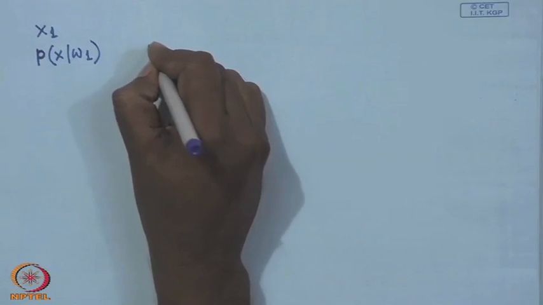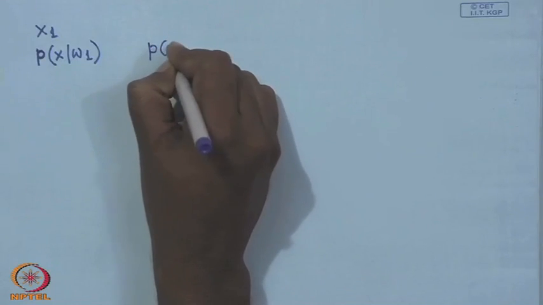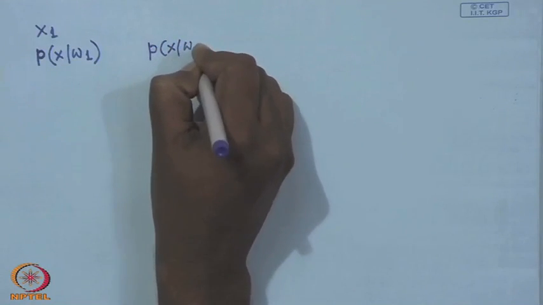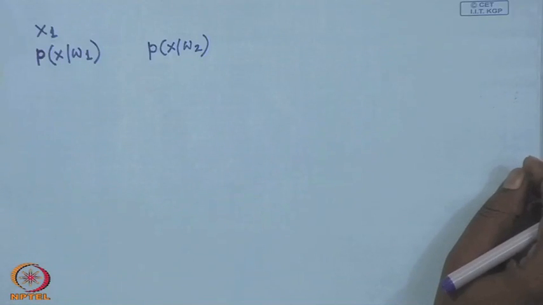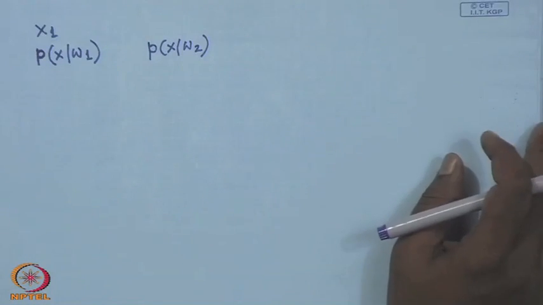I also know the class conditional probability p of x given omega 2. And it is also assumed that I know the a priori probabilities of class omega 1 and class omega 2.